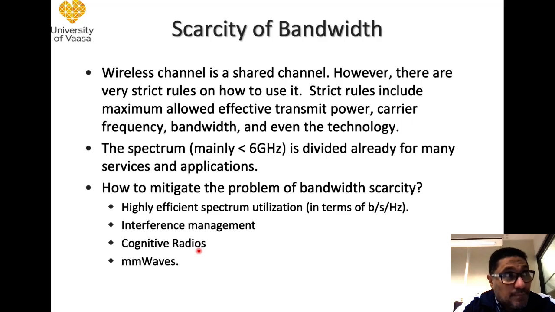I give an example. If some of the band was used for a radar system, but you are in an area far away from any radar system, even though that band is licensed, using cognitive radios, they can listen to the band. So if the primary user does not exist in that geographical area, then it is free to use.